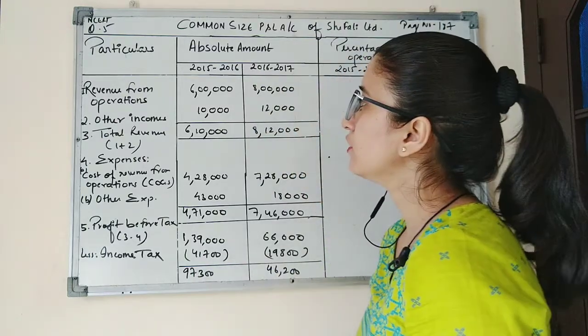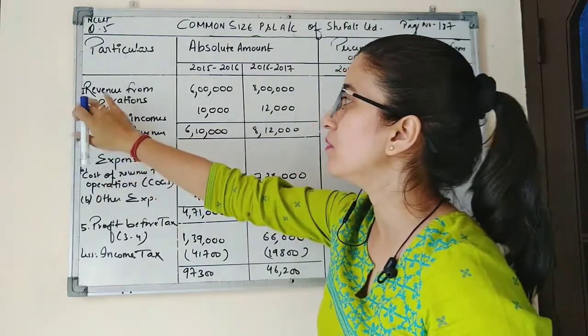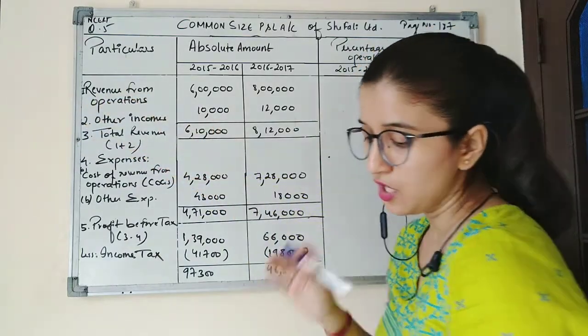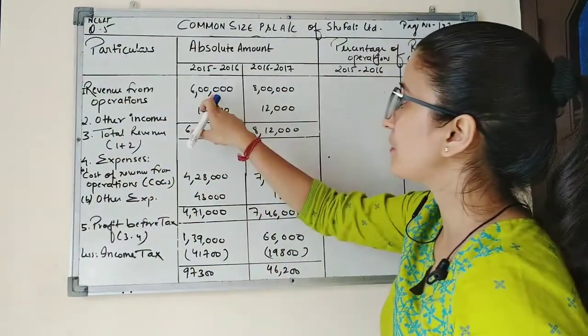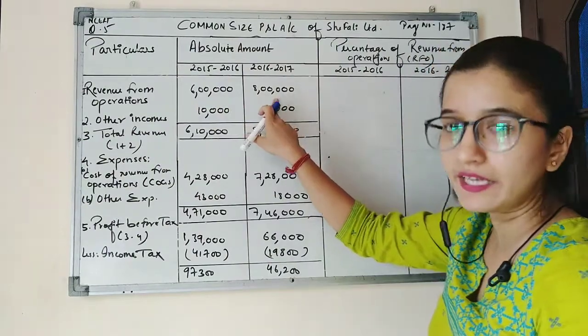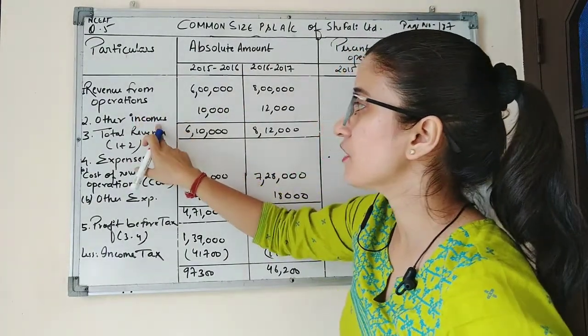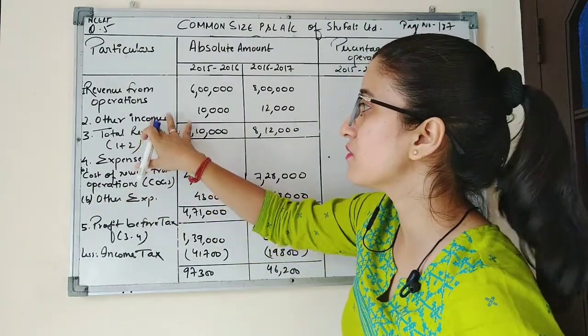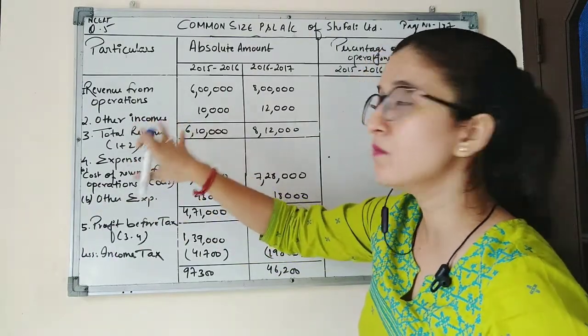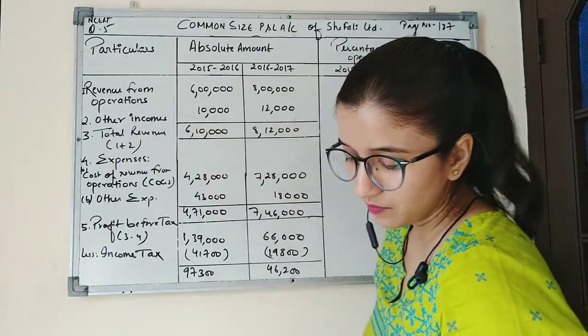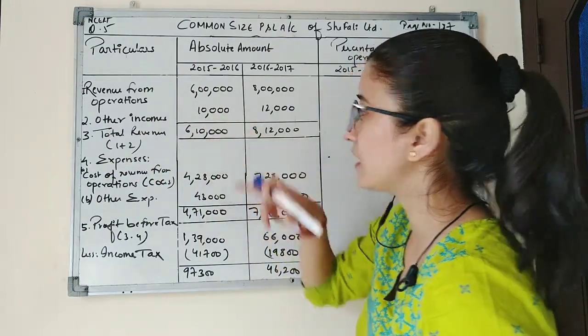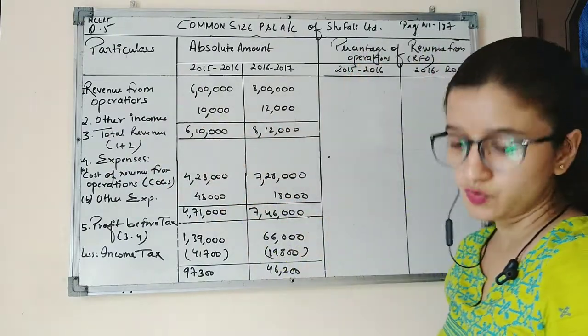According to the format, the first heading will be revenue from operations. Revenue from operations is given as rupees 6 lakh in the previous year and 8 lakh in the current year. After revenue from operations, we write other incomes, which will be added to revenue from operations. Other income is given in the question: previous year 10,000, current year 12,000.